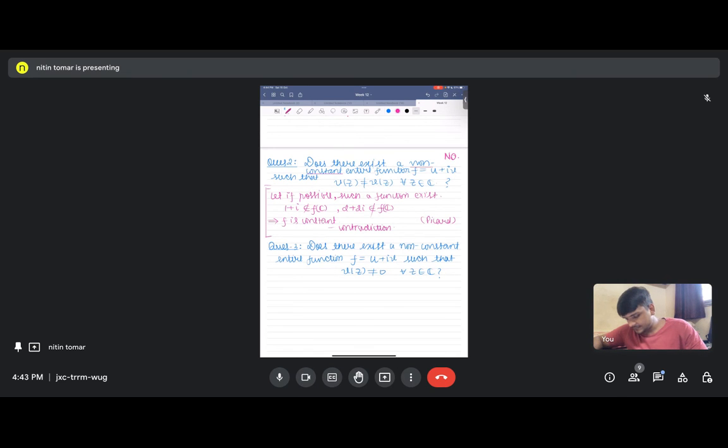Why? Because if I take x equal to 0, then 0 does not belong to the range of f, and i and 2i also do not belong to the range. Correct. This does not belong to the range, right?